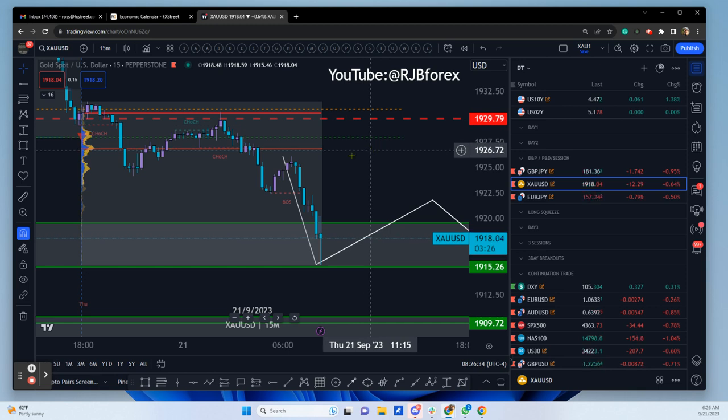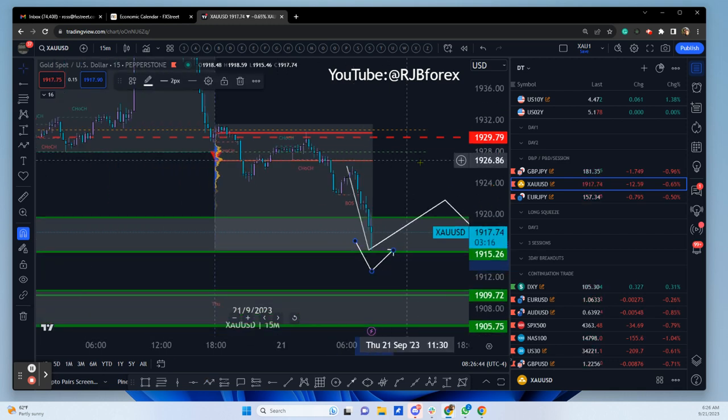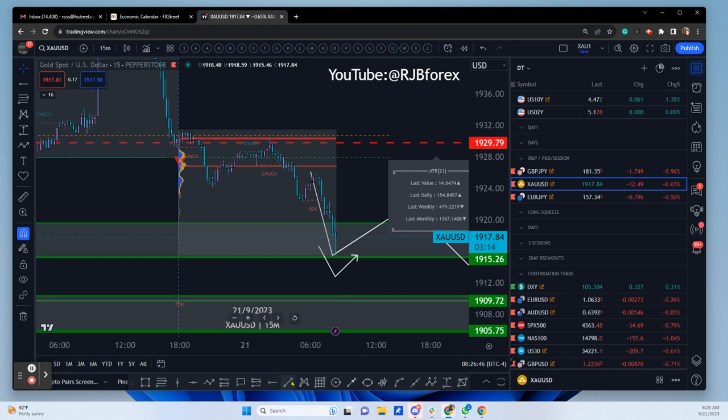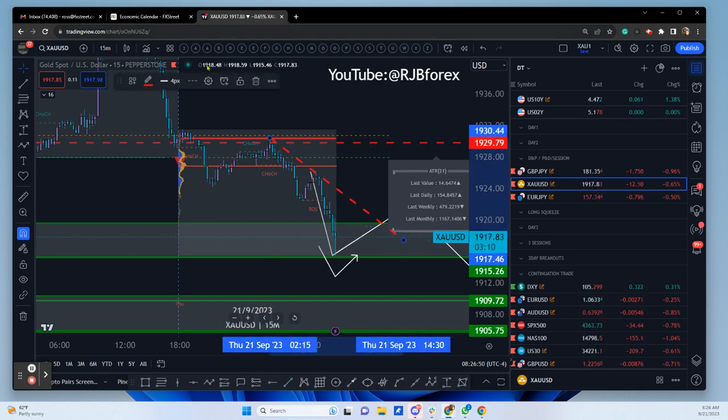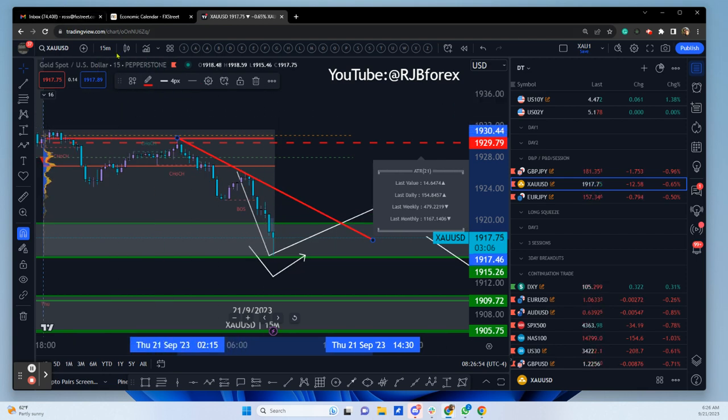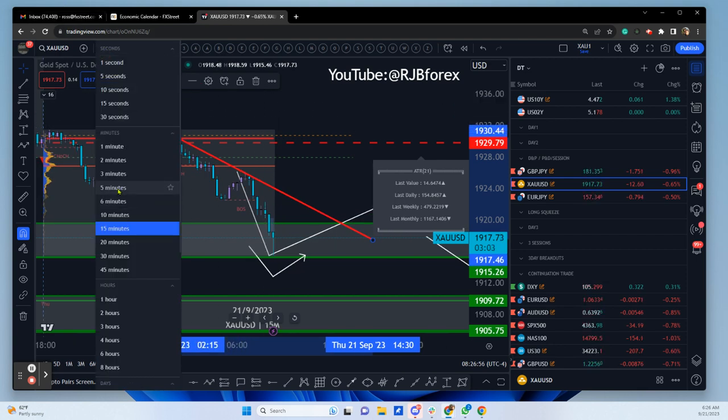So at the moment, we might have the low of the day in place. We might. Okay, so low of the day. And if that's the case, then we can look at this trend line and we can go to the lower time frames to start looking for our structure.